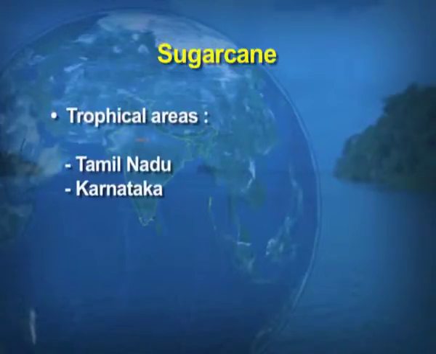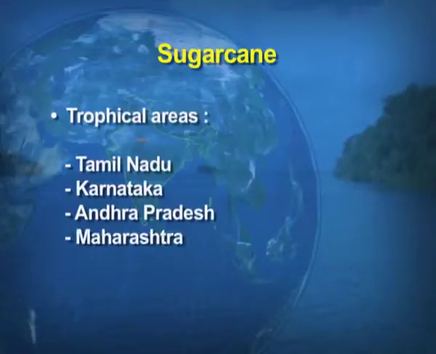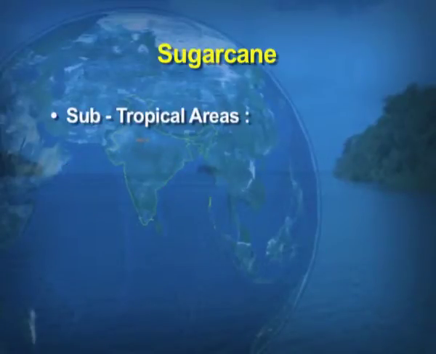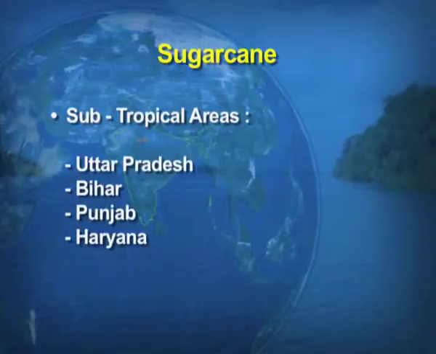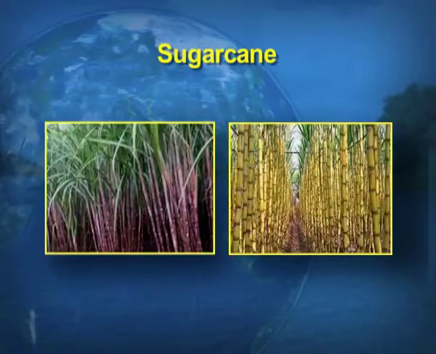The tropical areas for the production of sugarcane are Tamil Nadu, Karnataka, Andhra Pradesh and Maharashtra, and the subtropical areas are UP, Bihar, Punjab and Haryana. Now on the screens you can have a visual of how the sugarcane looks like.